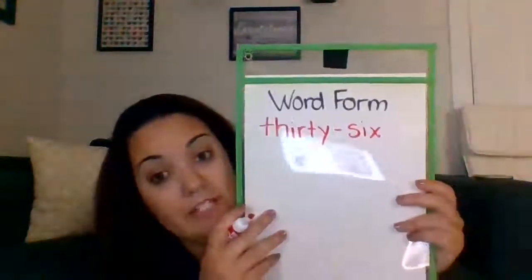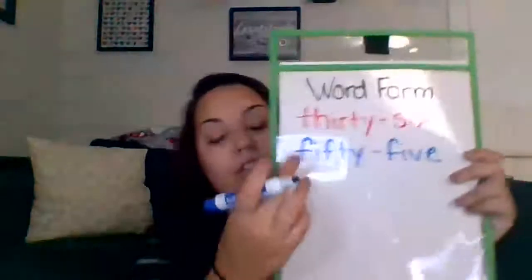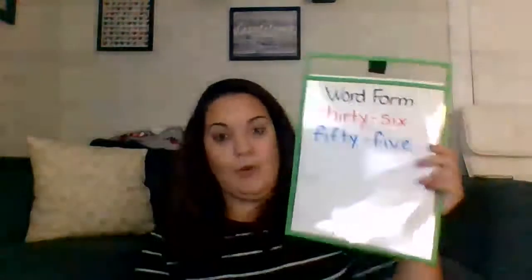That is how we write 36 in word form. Now, if I want to write the number 55 in word form, I'm just going to write the words fifty-five. Here's the number 55 in word form.